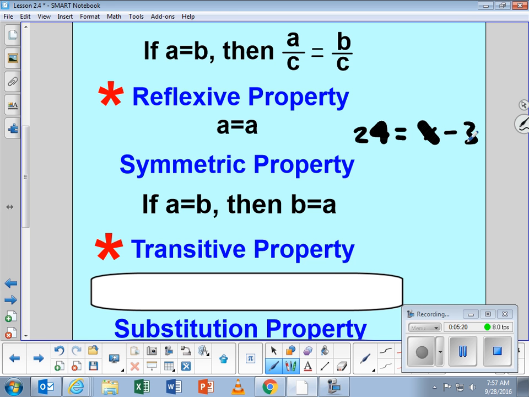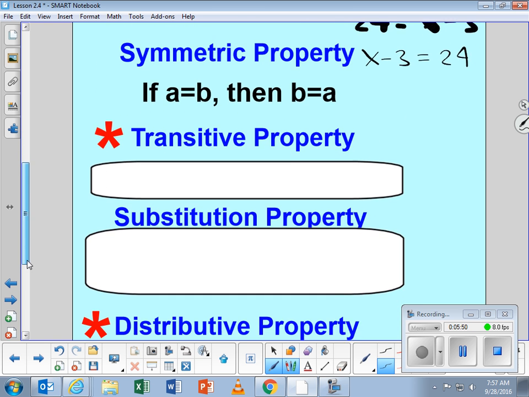And when you're first learning to solve something like this, you probably thought, you know what, I would rather turn this over and have my x on the left side. And so we rewrote it as x minus 3 equals 24. Have you ever done that before? Taken the equation, flipped it over. Okay? That's symmetric. It says if the left side is equal to the right side, then we can flip it over and say the right side is equal to the left side. Okay? Symmetric property.